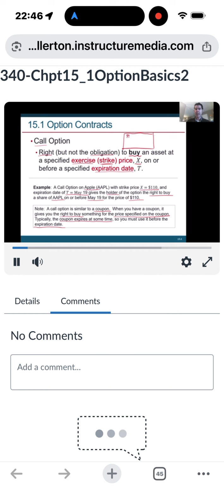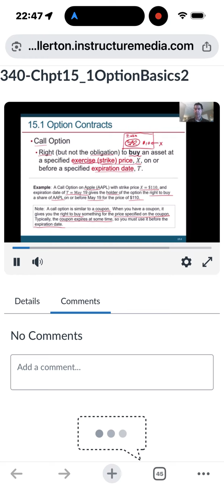Let's say I have a coupon to buy a pizza at your favorite pizza place. So let's quickly draw a picture of, maybe this is a pepperoni pizza or something like that. And the coupon says you can buy this pizza for $10. So the coupon specifies a price, $10 right here. That is our exercise or strike price X, okay?